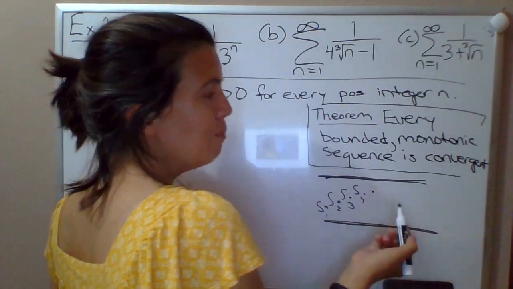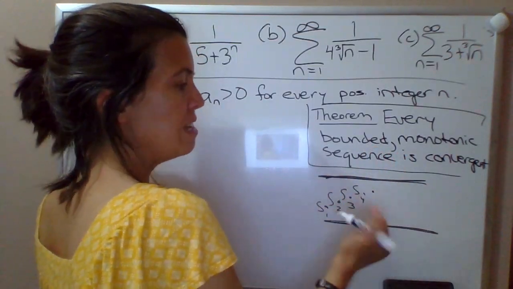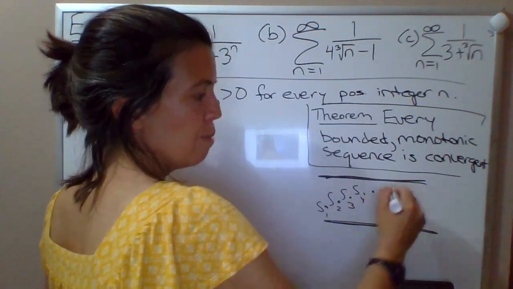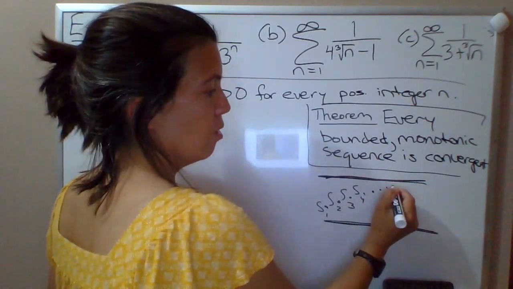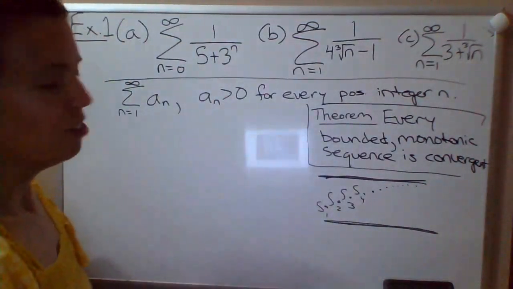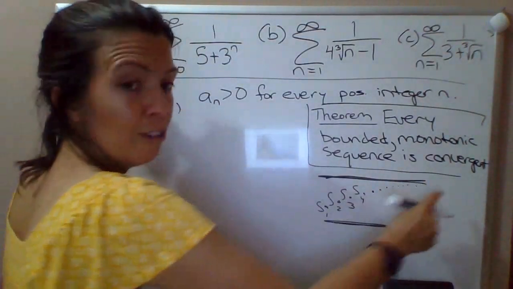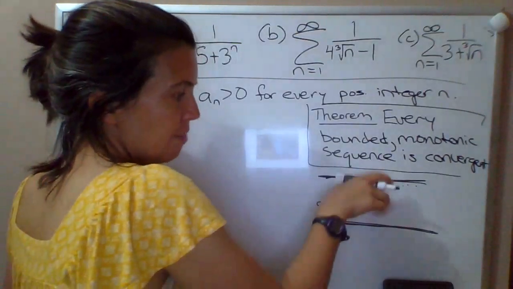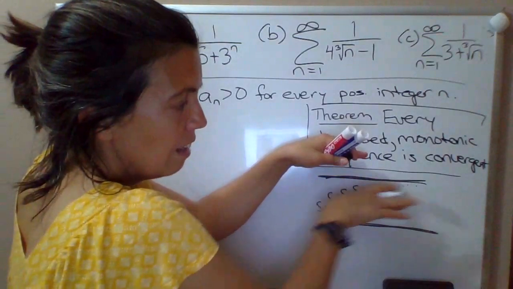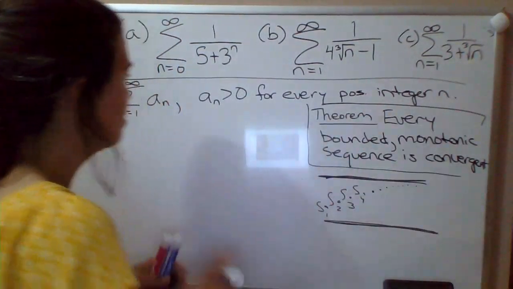Then the only way both of those things can be true, there's an upper bound and it's always increasing, is if it approaches its upper bound like an asymptote. So it starts always doing kind of half of the distance that's left to that upper bound. It would have to look like that. When a graph looks like that, approaching its lowest upper bound, its lowest ceiling, like an asymptote, then it's converging to some number. So that's the argument for that theorem.